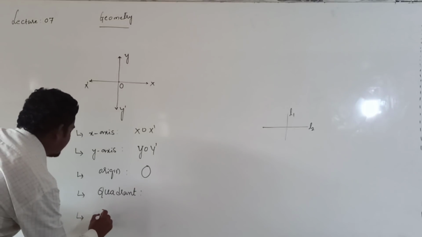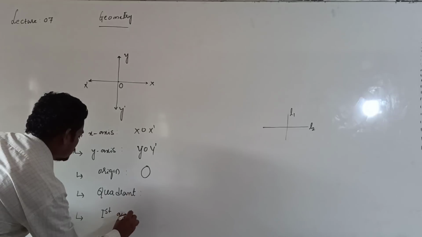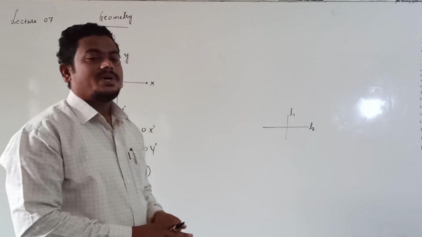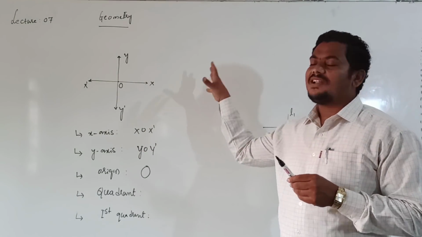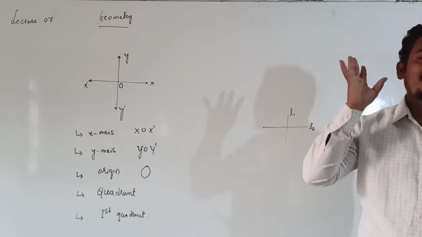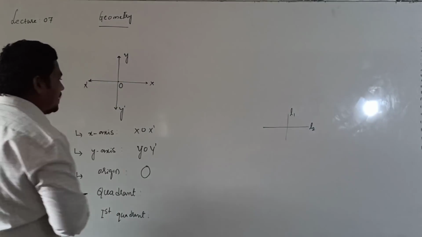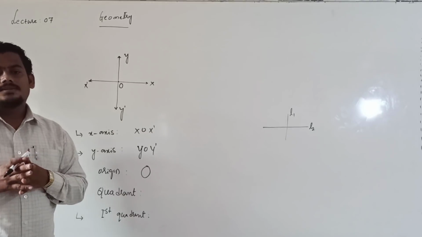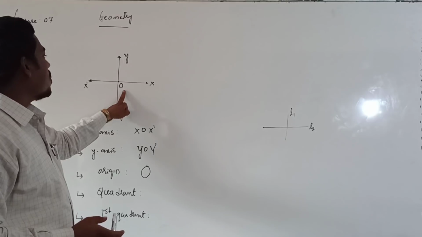definition of first quadrant. What is definition of first quadrant? Quadrant means two mutually perpendicular lines divide the plane into four equal parts. Each part is known as a quadrant. In that, what is definition of first quadrant? The part of the plane x, o, y.